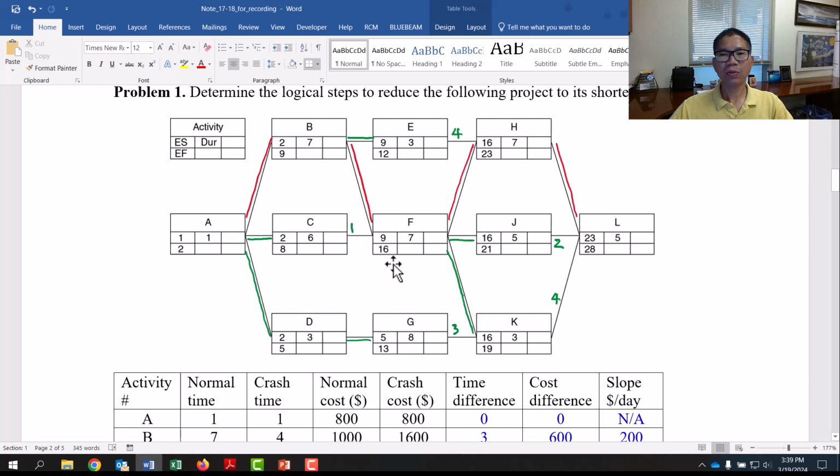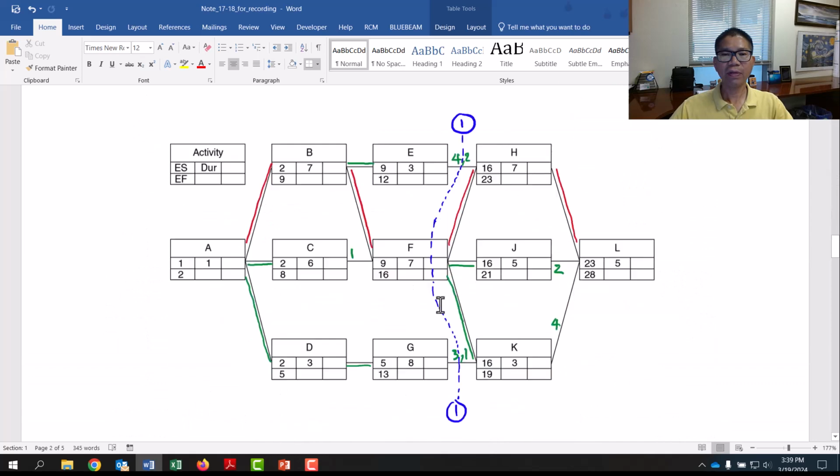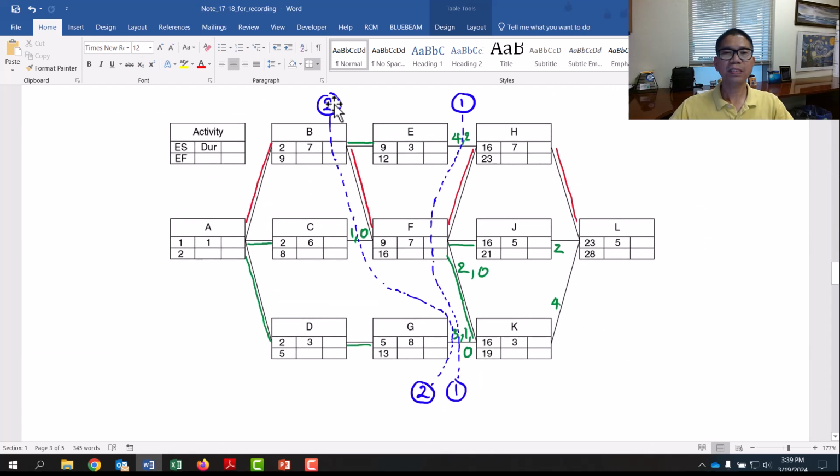And then I can continue with GK, which still has 1. So go through B, because that is the next cheapest one that we can crash. The lag value between C and F is 1, so you can go through that. Between G and K, after cycle 1, we still have 1, so we go through that, number 2.